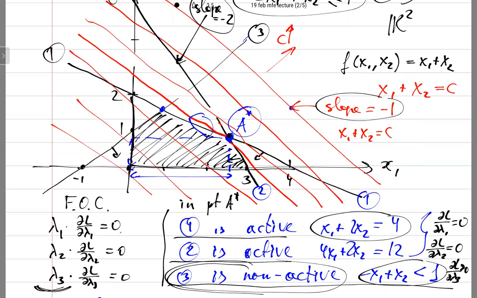So on the exam, you just write the Lagrangian function and first order conditions without plotting if the graph is not feasible. In real-life optimization, you use some numeric procedure like gradient descent or stochastic gradient descent. Thank you.